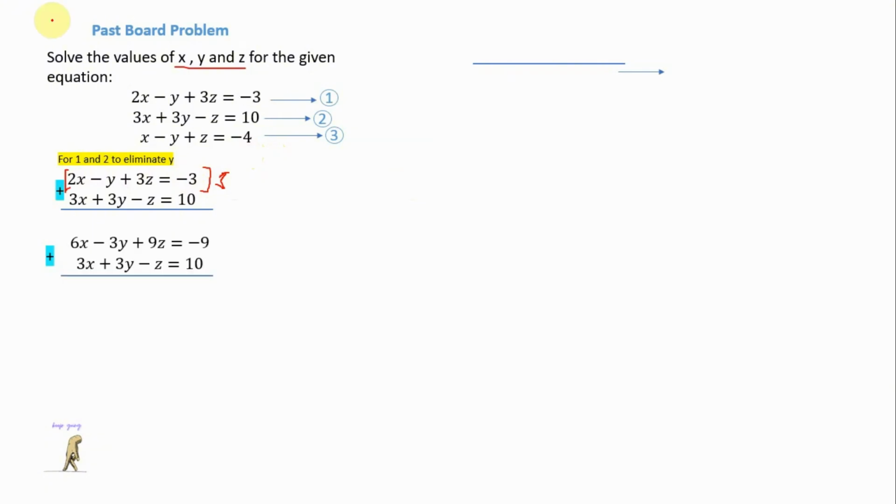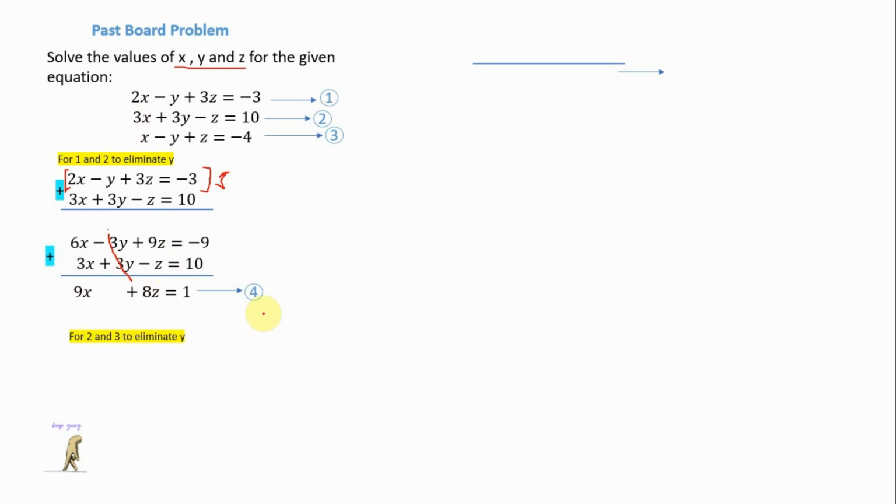So we can see it becomes like this, right? 3 times 2 becomes 6, and then negative 3y, and then 9z, and then negative 9. So now we can cancel it out, and we just need to simplify that by adding them, of course. 6 plus 3 is equal to 9, and then it becomes 8 here, and then 1. We have already our equation 4.